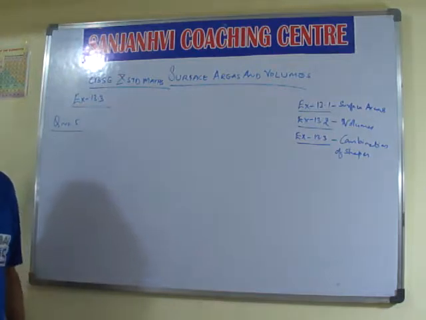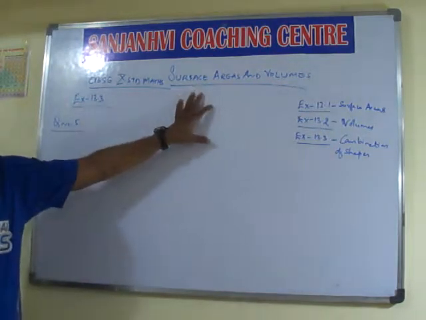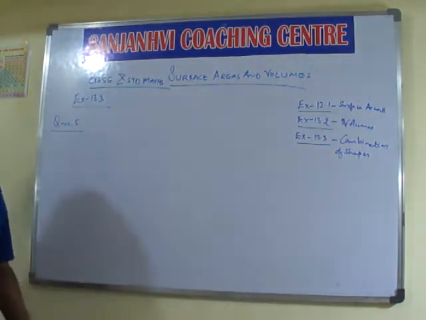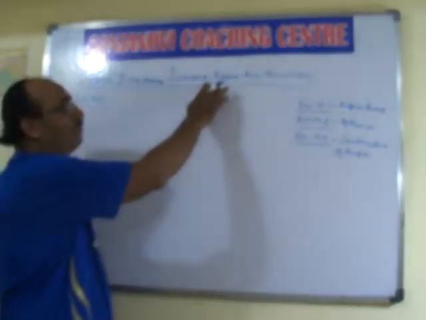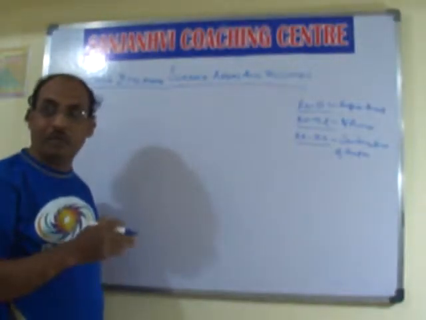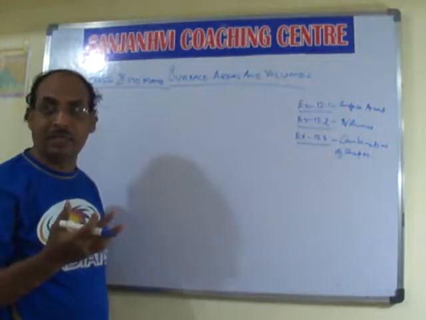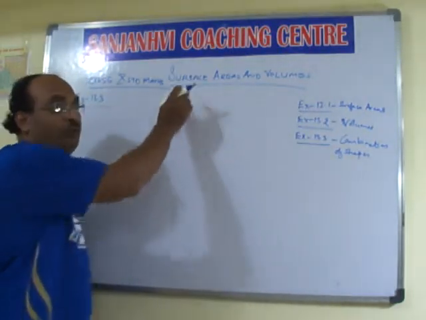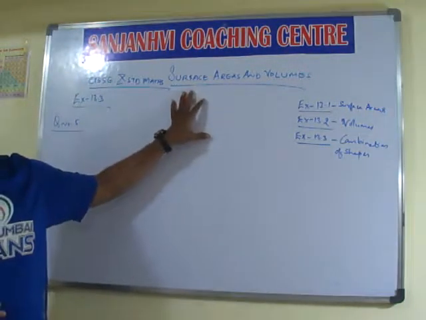For those shapes only we use surface area. When we discuss the area of a triangle, rectangle or circle, we do not use the word surface area.